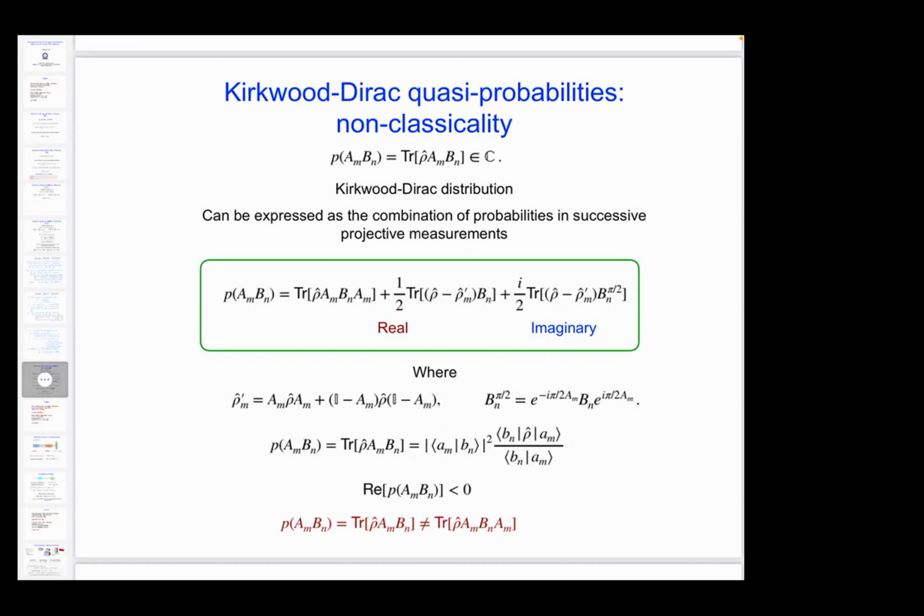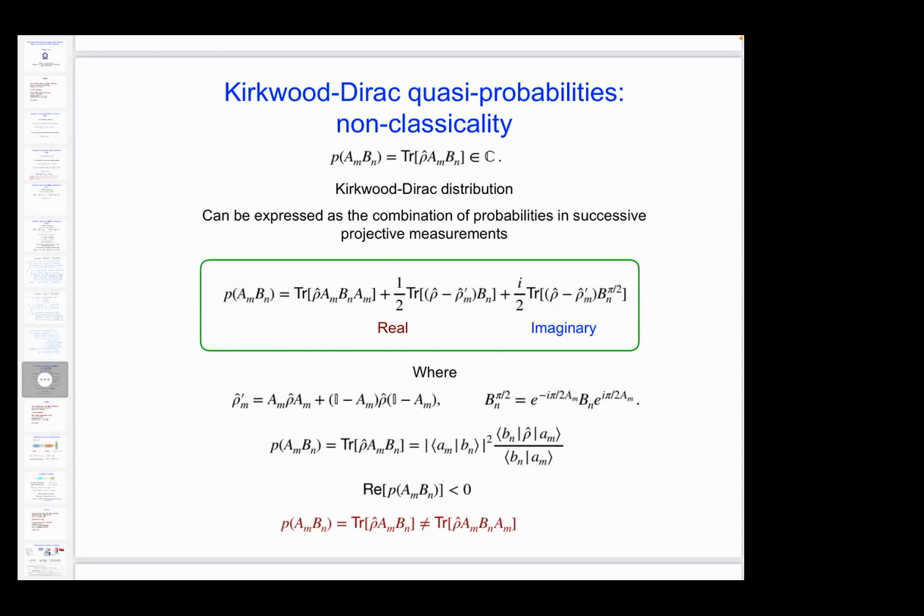If you have this condition, as written in the last line, that trace over rho A_m D_n is not equal to the Wigner formula, then it is probably easy to infer whether there is non-classicality or not.